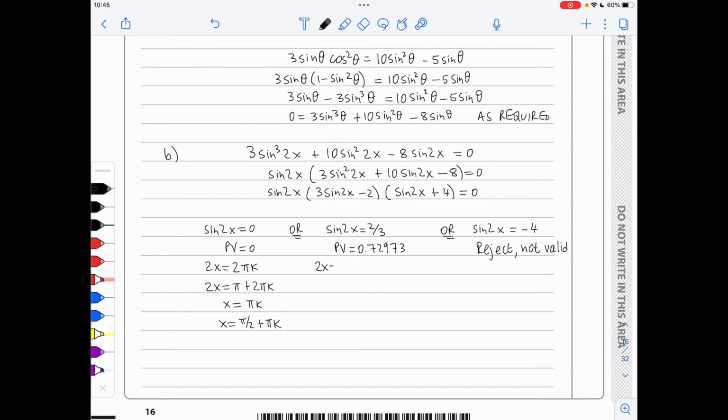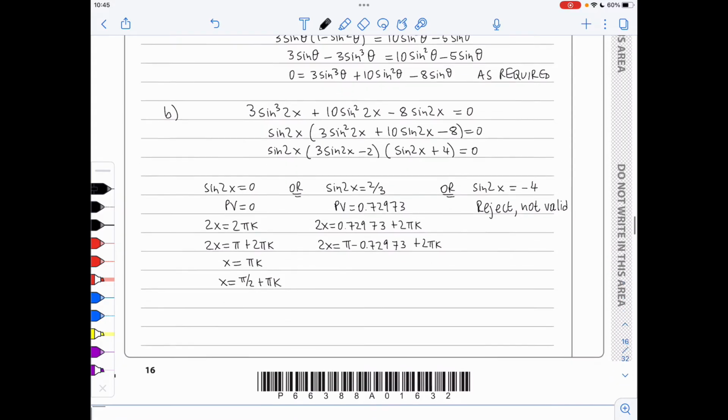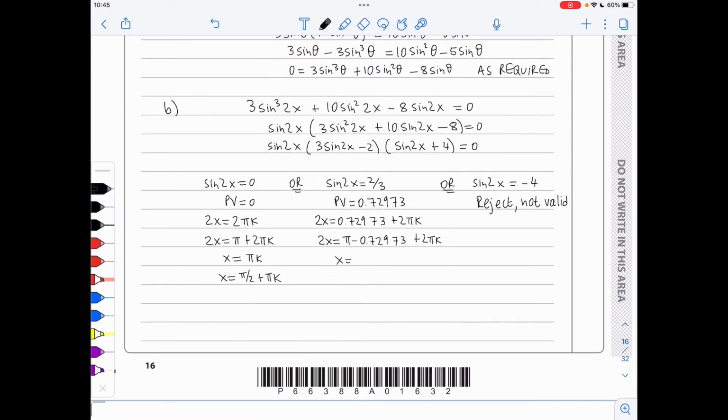So 2x is 0.72973 plus 2 pi k, or 2x is pi minus 0.72973 plus 2 pi k. Again, dividing everything by 2 gives me that x is 0.36486 plus pi k, or x is 1.20593 plus pi k. Notice that I've been using more accuracy than 3 decimal places, and I will keep the 3 dp accuracy for the final answers.